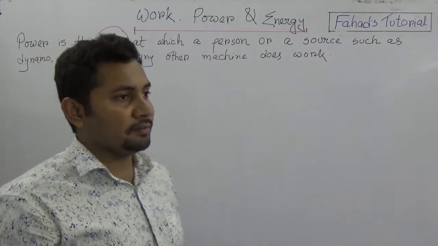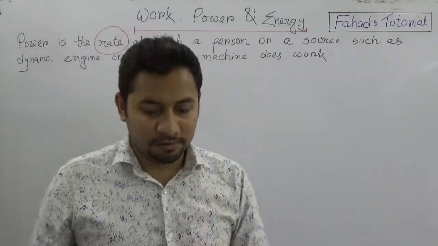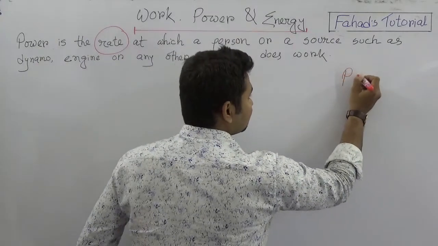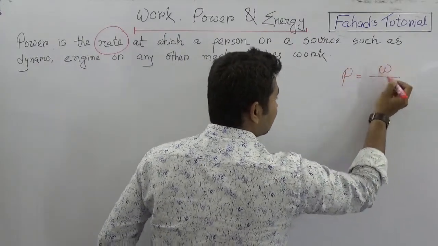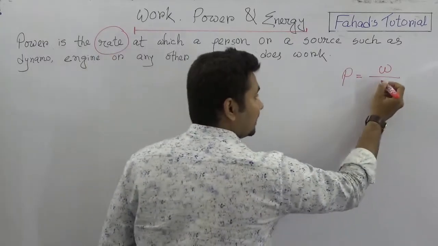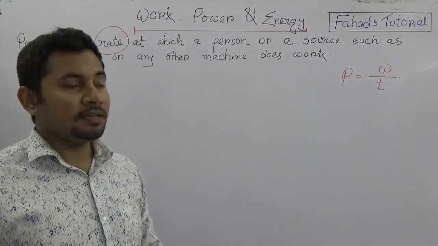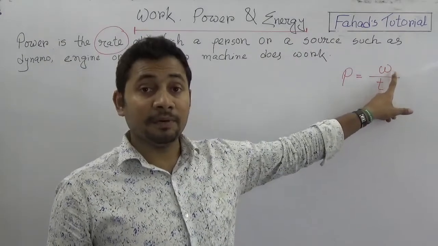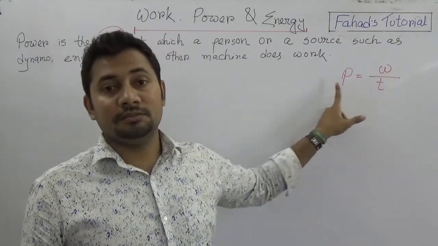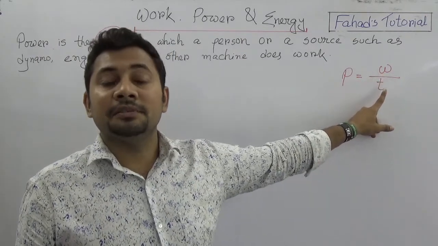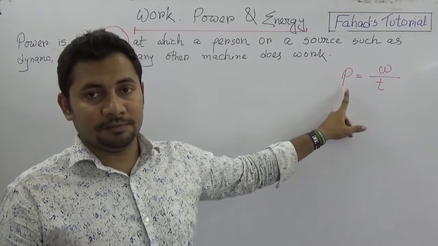So very simply we can say that power, if we express this as P, means work done by time. So very simply, work done per unit time is called power. Again, I can say that work done per unit time is power.